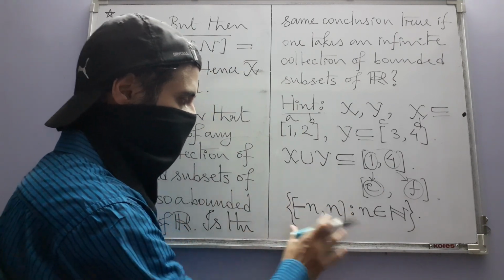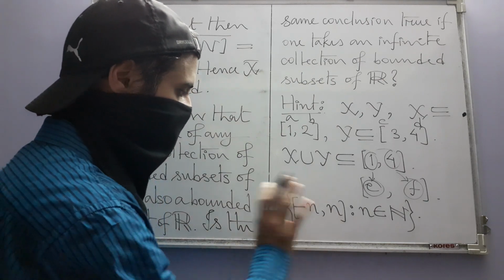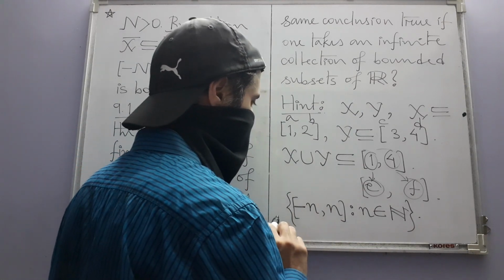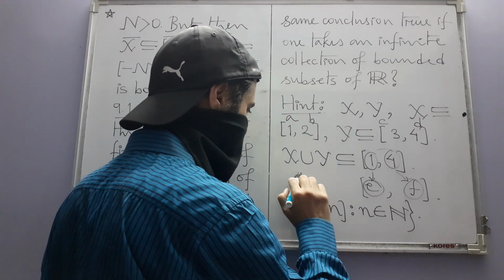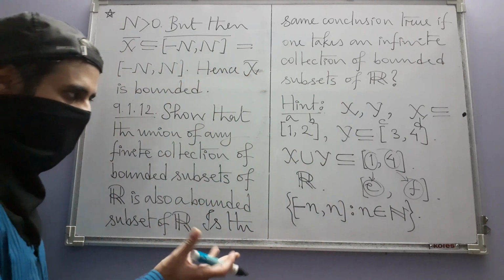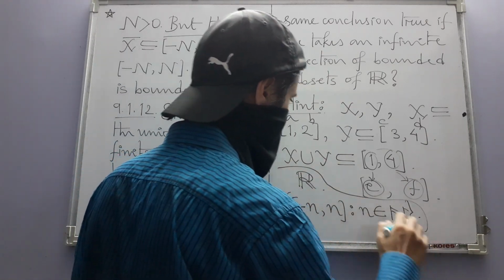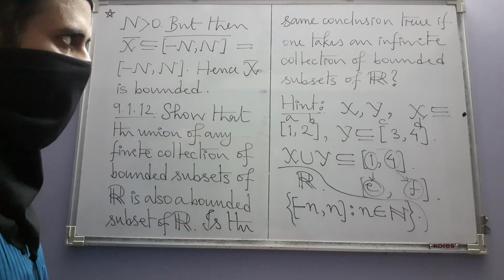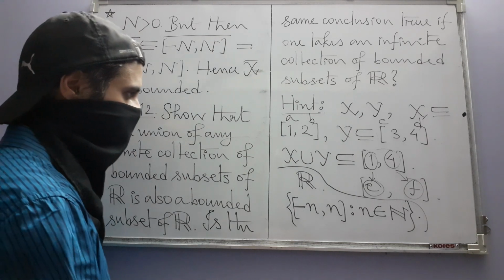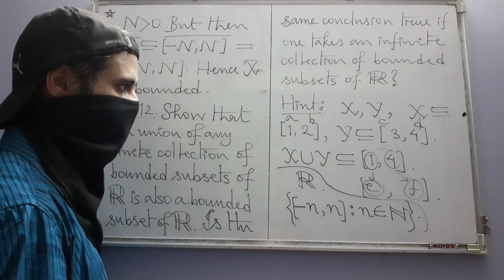So these sets themselves by definition are all bounded subsets of R. In fact, they are intervals, but their union, you will see, equals R, which itself is not bounded. So that shows that this second part in general is not true. We can't say anything about the boundedness of the union if there are infinitely many sets involved.